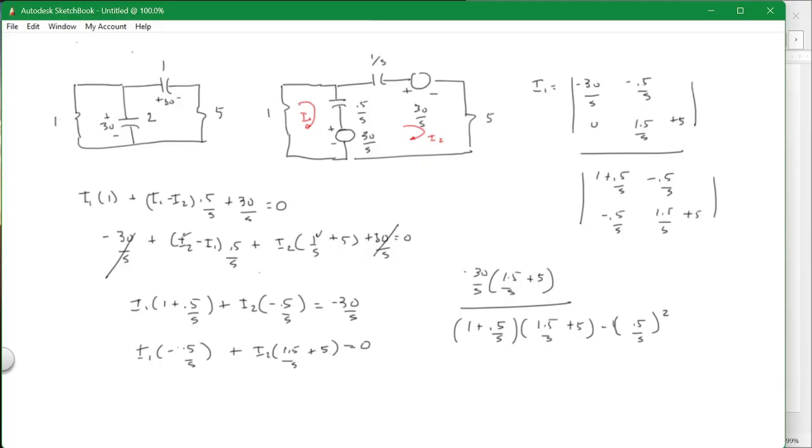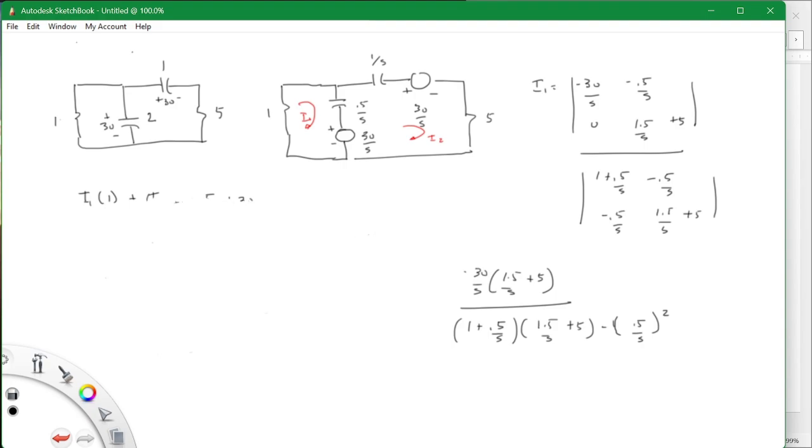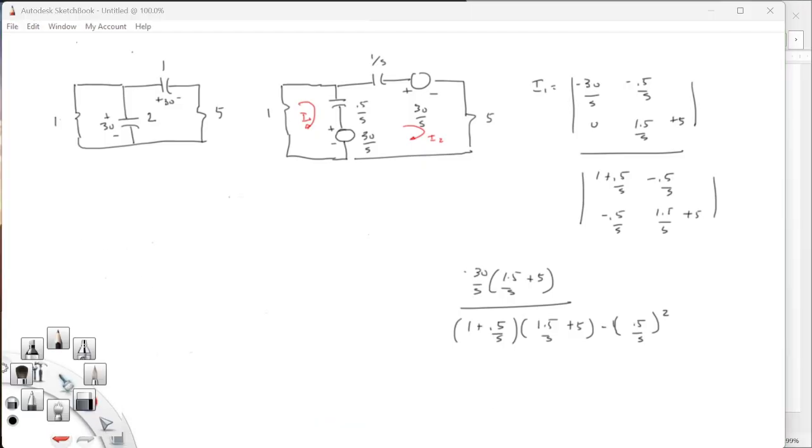Now this gets to be interesting. All right. Everybody agree? It's interesting. But doable. All right. Not necessarily fun, but it's doable.